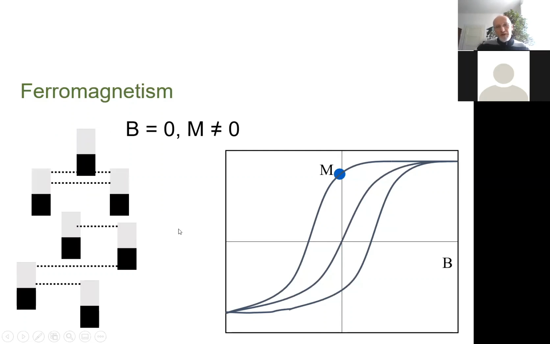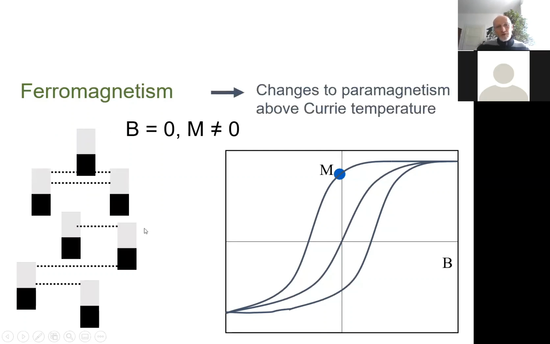If we heat the material, of course, due to thermal energy, these bonds are disrupted and the material becomes again paramagnetic. The temperature at which this happens is called the Curie temperature.